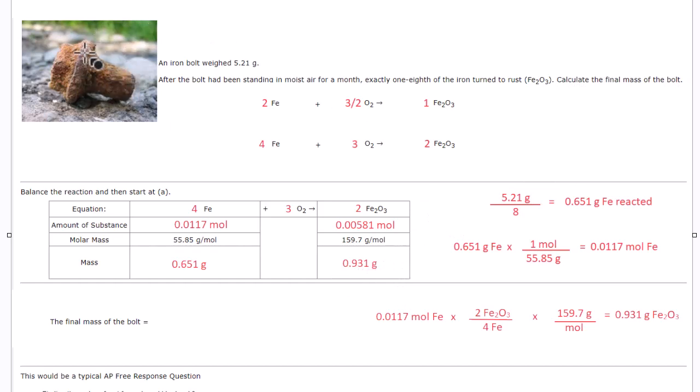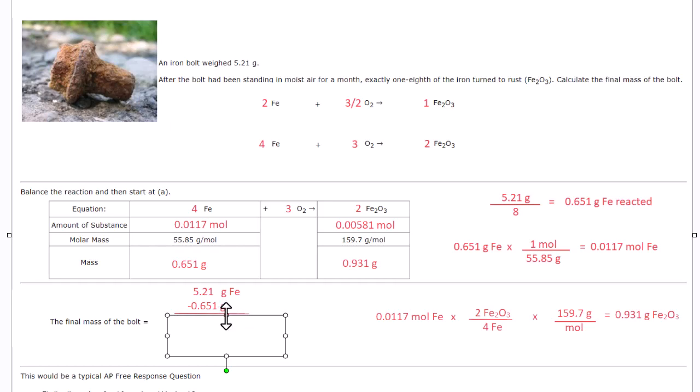This iron bolt partially rusted. And that rust on it is going to increase the mass of this bolt, but at the same time, some of this iron is going to be removed. So what you have to do is say, wait a second, my original iron bolt was 5.21 grams, and I found that 0.651 grams of it went into making iron oxide. So my iron bolt decreased in mass.